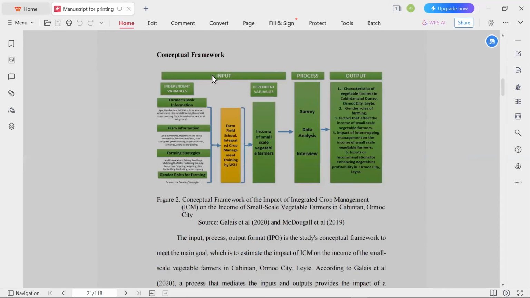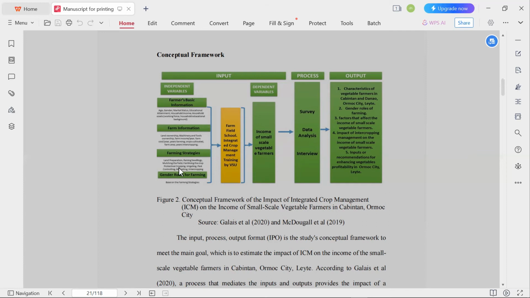When we say conceptual framework, we are trying to see the overall structure of the framework of your study. In my study, I use the input process output. You can also use this one. You have the independent variables, and these independent variables are based on your questionnaire. Your questionnaire could be divided into the basic information, the farm strategy, and the gender role.